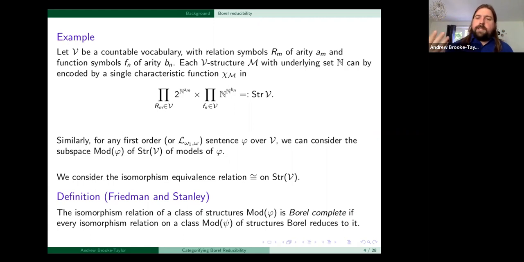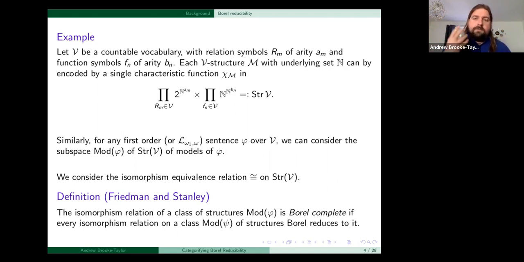So Friedman and Stanley, in their original paper introducing Borel reducibility, they defined the isomorphism relation of a class of structures like this to be Borel complete if every isomorphism relation for a class of structures like this Borel reduces to your isomorphism relation for phi models.